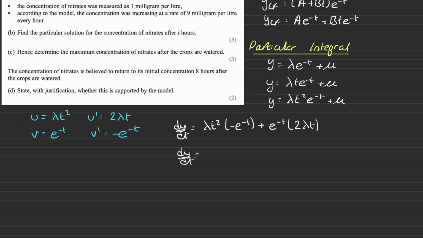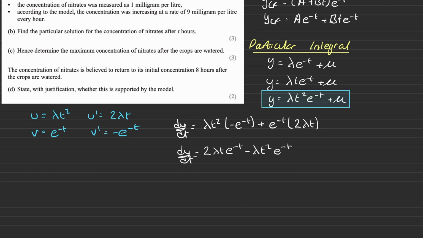So dy by dt will be 2 lambda t e to the negative t minus lambda t squared e to the negative t. And now to work out the second derivative, it's much easier to factor out this e to the negative t and the lambda. So we get lambda e to the negative t multiplied by (2t minus t squared).